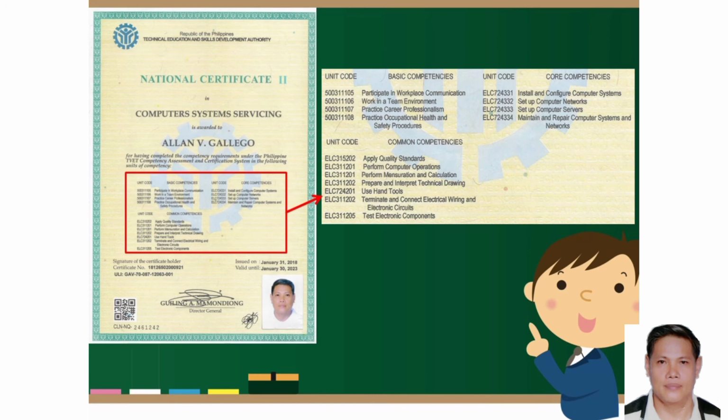They just wasted their time undergoing training and yet did not pass the NC2 in Computer System Servicing because they did not attend the assessment. So it is very important that if you undergo training, you pass the training and you pass the assessment. You have to attend. Okay?